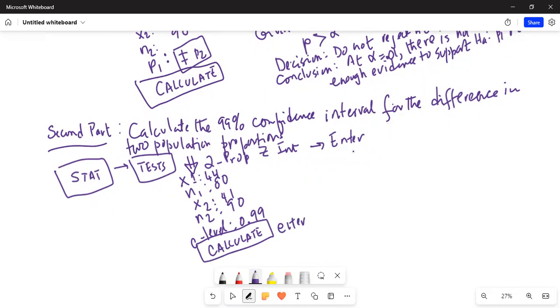Okay, so what do we get for the interval? Minus 0.10, comma, 0.29. What does it mean?